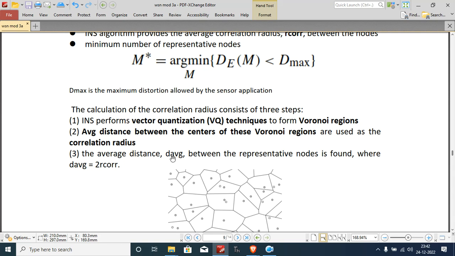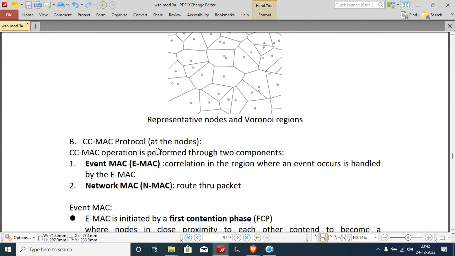The average distance, that is D average, between the representative nodes is found, where D average is equal to 2 times that of R correlation. So if I compare any two Voronoi regions, it will be equal to 2 times that of R core. So this is the representation of nodes and Voronoi regions.